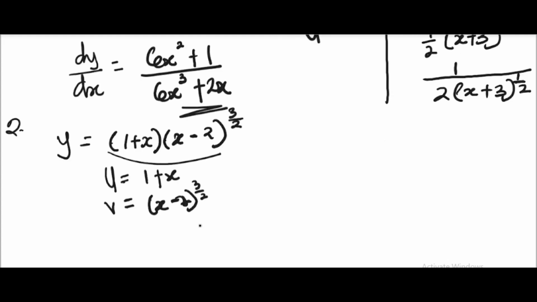Since this is a product rule, y is equal to uv, how do we differentiate using product rule? That's dy/dx is equal to v du plus u dv.